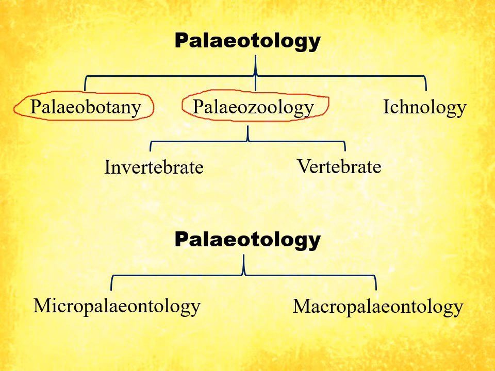And when the organism bodies are not at all preserved, instead their traces of activities such as footprints are preserved, and from those indirect evidences we try to estimate the real organic world scenario, that is known as ichnology, the study of traces of organisms.